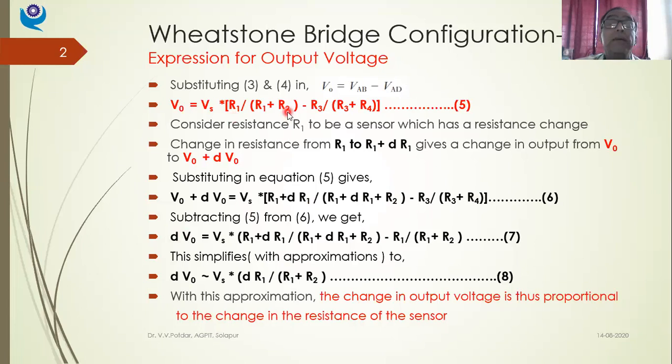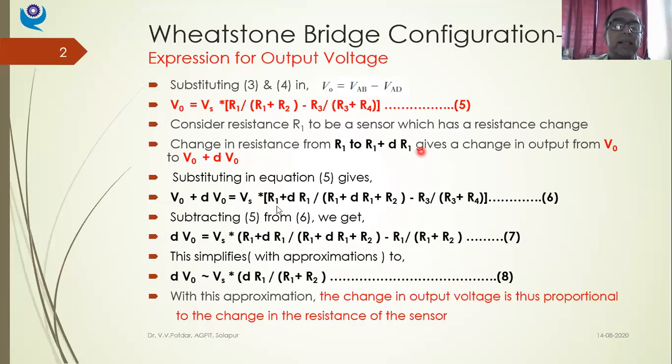This only will remain, because Vs into R3 upon R3 plus R4, minus of minus means plus, Vs into R3 upon R3 plus R4. These terms will get cancelled, isn't it? The second part will get cancelled.